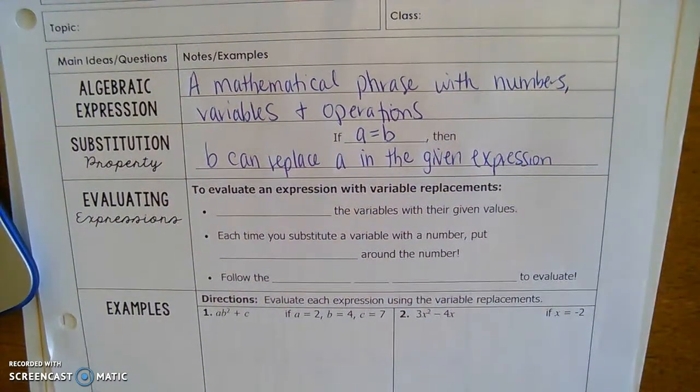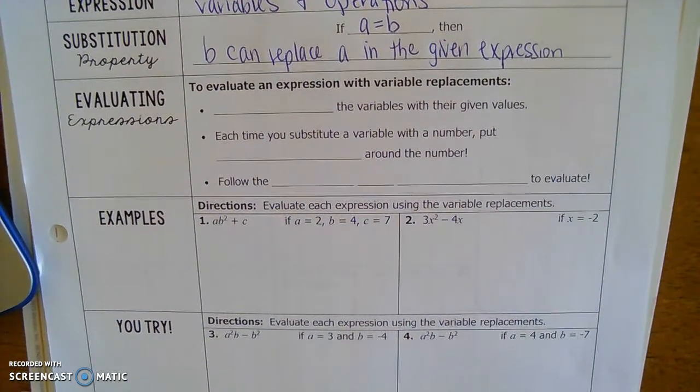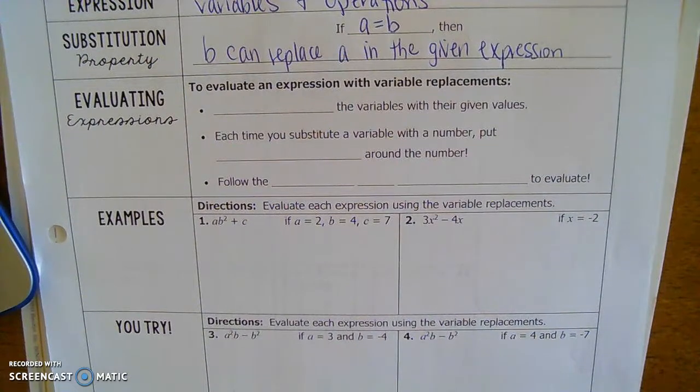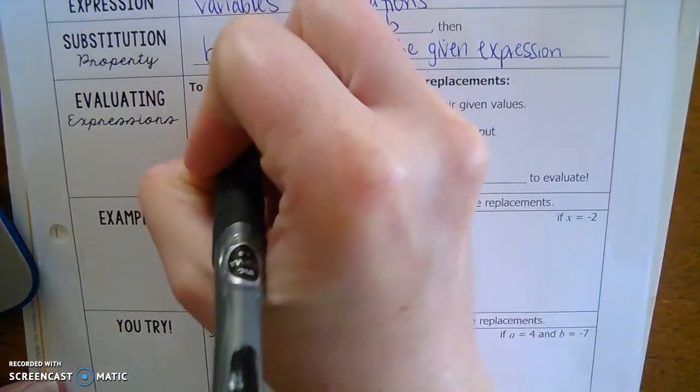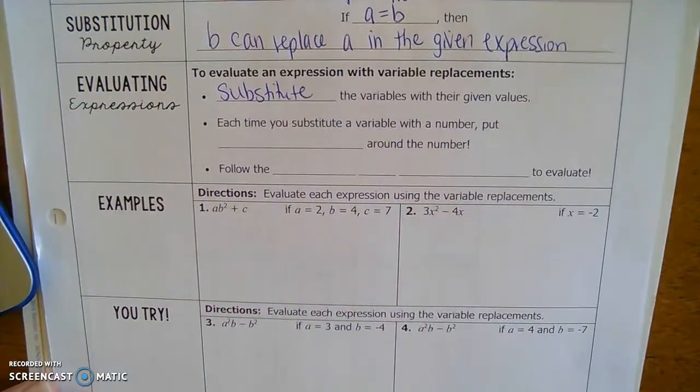So substitute means you take what was given out and put in the new thing. All right, so we're going to substitute, which means replace, the variables with their given values.